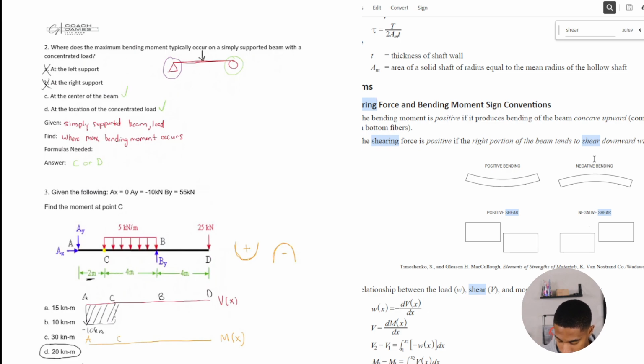Well, we have a negative moment, correct? So it'd be a concave.